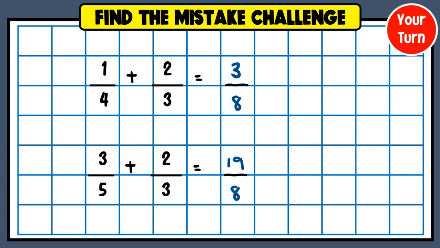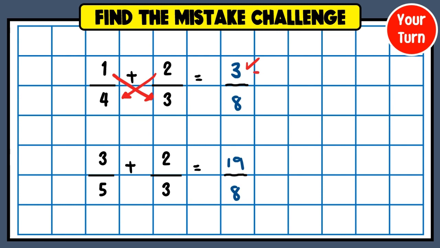So 1 over 4 add 2 over 3. Put it on red. So step 1, we times the numerators by the opposite denominators. So it's 1 times 3, which should be 3. Yeah, I've got that right. And then let's times 2 by 4, which is 8. Oh dear, I can see exactly where I've gone wrong there.